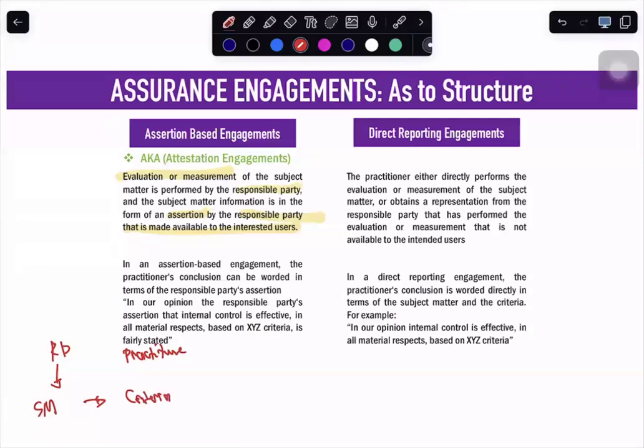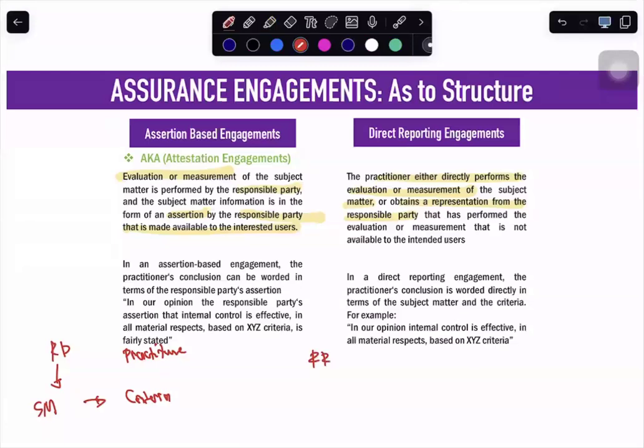But in a direct reporting engagement, the practitioner either directly performs the evaluation or measurement of the subject matter, or obtains a representation from the responsible party that has performed the evaluation or measurement that is not available to intended users. Here, the practitioner could provide the measurement or evaluation.